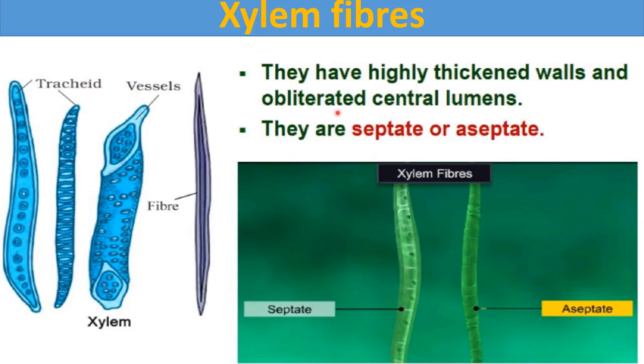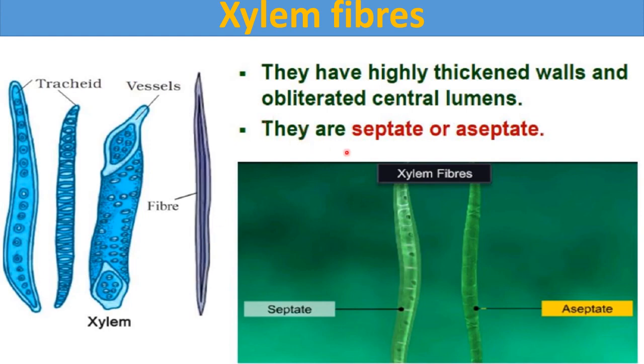As you can see here, this is a xylem fiber, and the central part is the lumen. But this lumen is not well developed, so it is called obliterated. Very small lumen is present in the fiber, and their walls are very thick. So their walls are thick and their lumen is very small or obliterated.